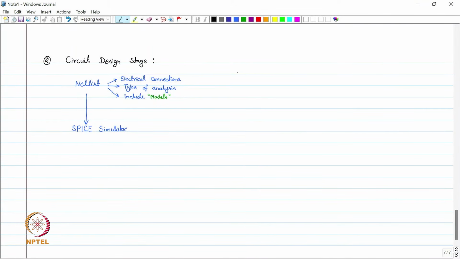In the net list we make circuits, which is nothing but multiple devices connected together. In this case we are taking just a PMOS and an NMOS, connecting them together to make an inverter.